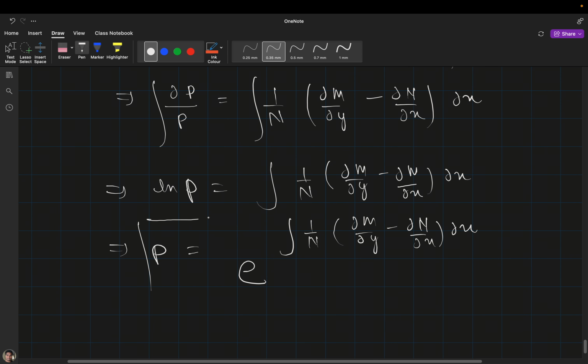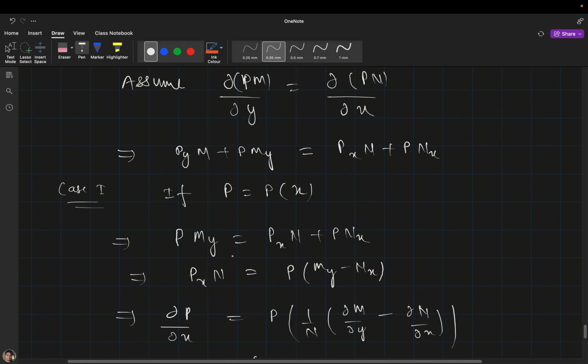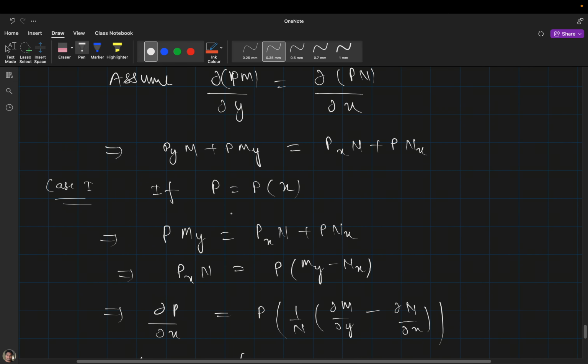This is the form of P, and this is nothing but the integrating factor. But there is a condition: P is only a function of x. This is case 1, where you are assuming that our integrating factor is only a function of x.